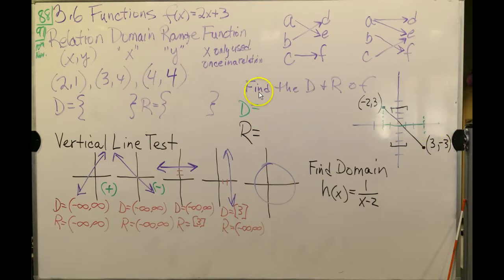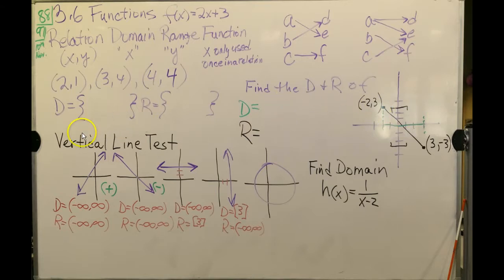Now I have another slide with all these filled in that I'll show you. Now for range, we're looking at what y values? Well, the y value starts at -3 right there and goes up to +3. So it'll be bracket -3, comma, 3, bracket. And we'll illustrate this on the next slide.